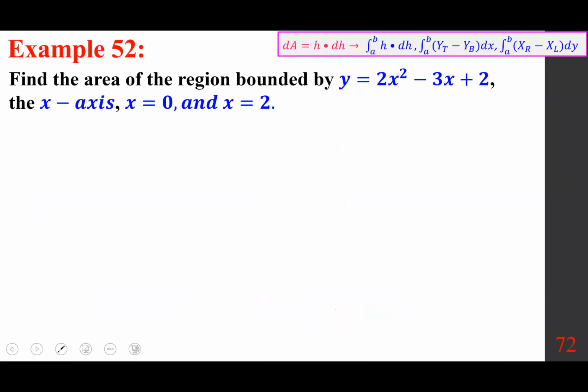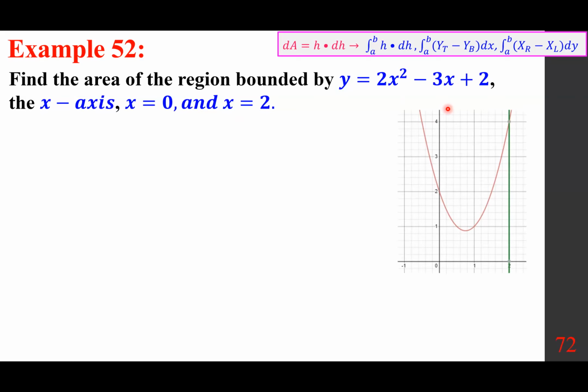We want to find the area of the region bounded by this graph, y equals 2x squared minus 3x plus 2, and the x-axis, and x equals 0 and x equals 2. It is extremely important to have the graph. I'm assuming it's a parabola, everybody can graph it. You can even use a graphing calculator. You should have no problem with the graph. So here's a graph of y equals 2x squared minus 3x plus 2.